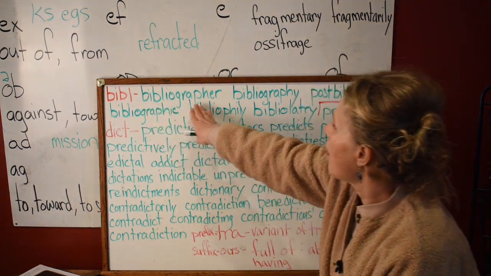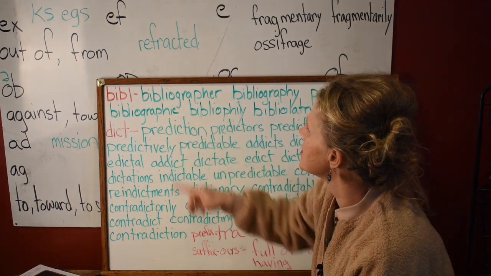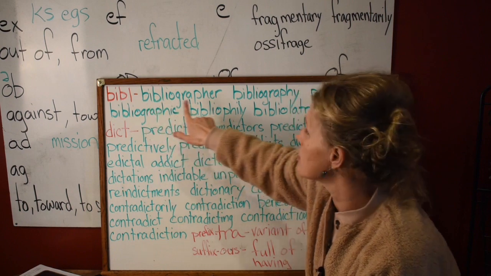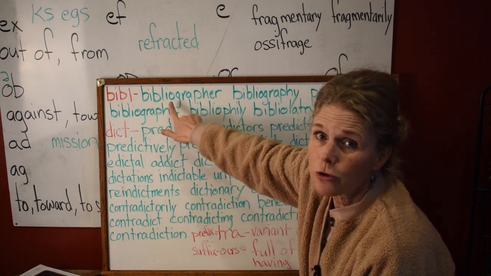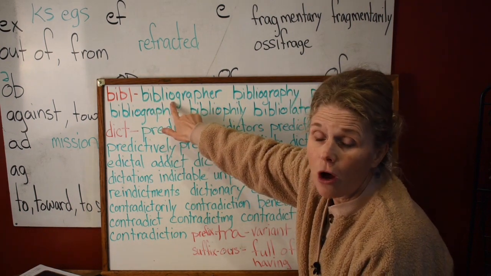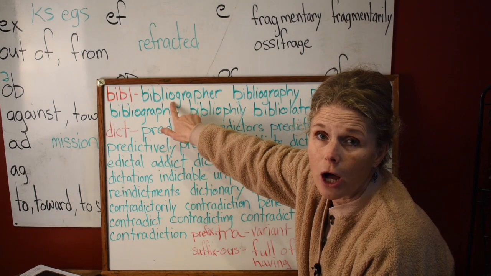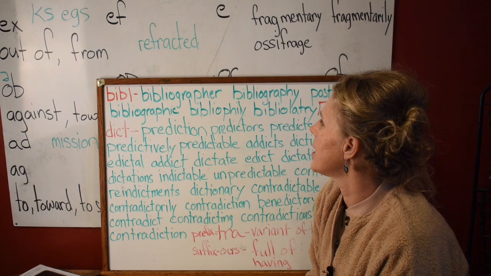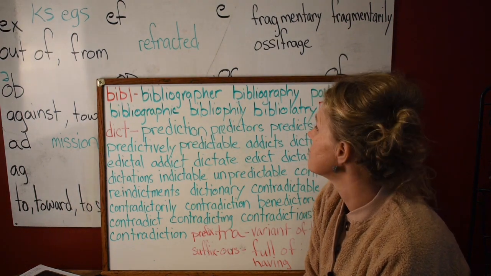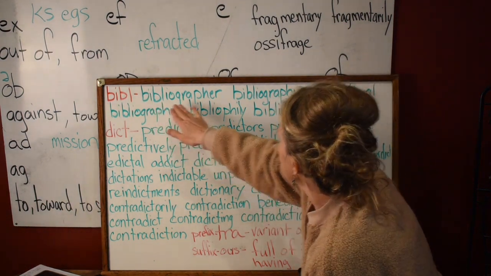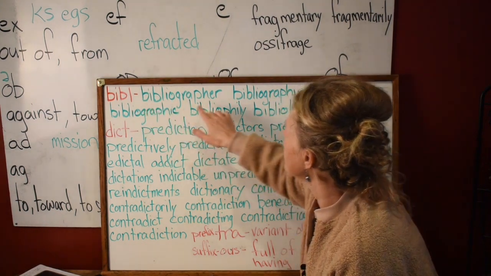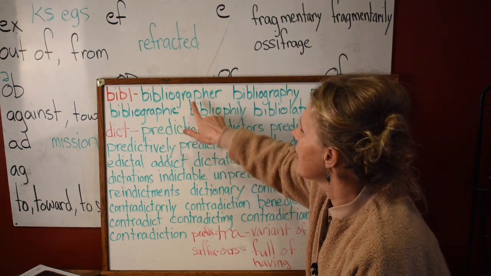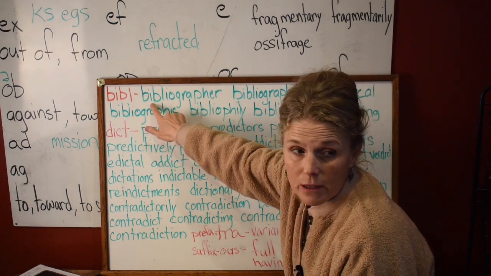So bibliographer, when you put your combining forms or your Greek words with your Latin roots, then this oftentimes says og. Okay, so you have to be really careful. We don't say bibliographer. Okay, so that means a person who writes and records about the Bible.